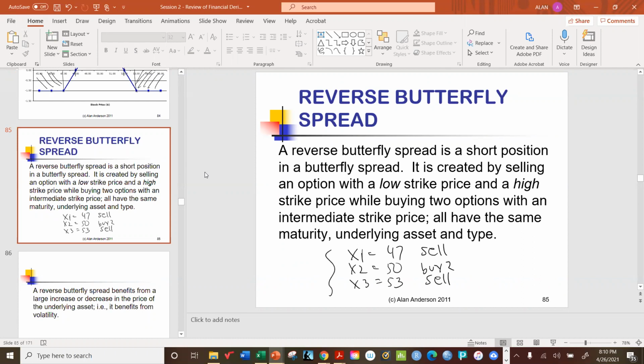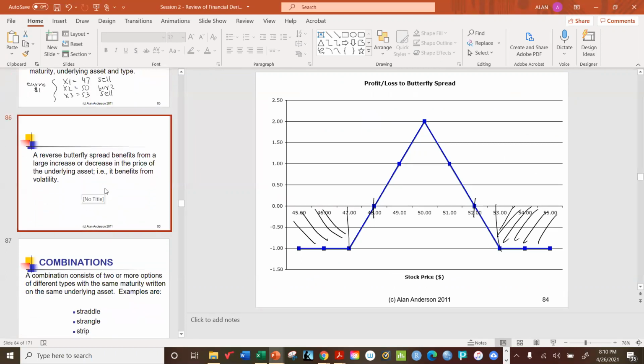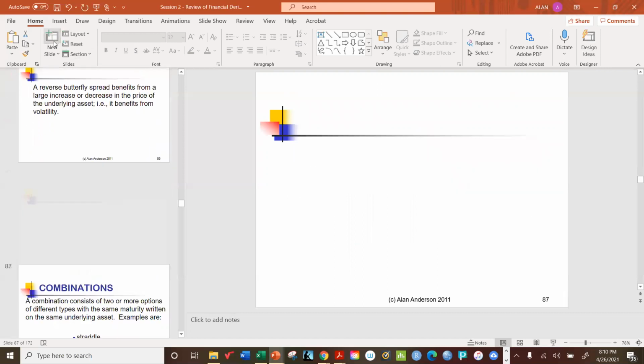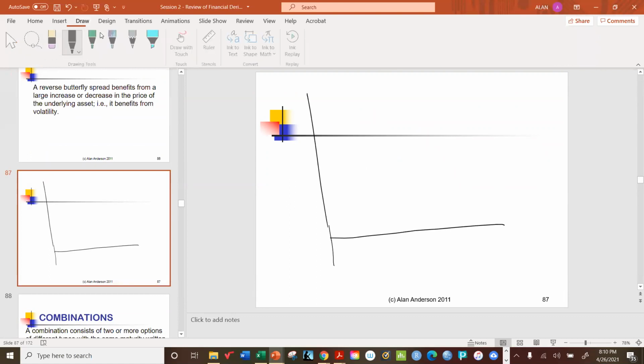And like before, this one earns $1 instead of costing me money. But what does it look like? Well, because I'm selling the previous position, we've seen already enough examples to know that it will flip upside down. I don't have, unfortunately, a separate graph here, but I can draw it for you right now. And so what's going to happen is that you'll end up, actually, let me fix that a little. This is not the best graph.